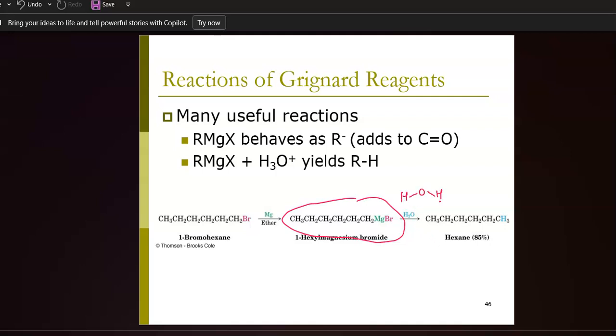Even though it's weakly acidic, since this carbon atom is a powerful base, it can abstract this proton and give this alkane, showing its basic nature. So Grignard's reagent can behave as a base as well as a nucleophile.